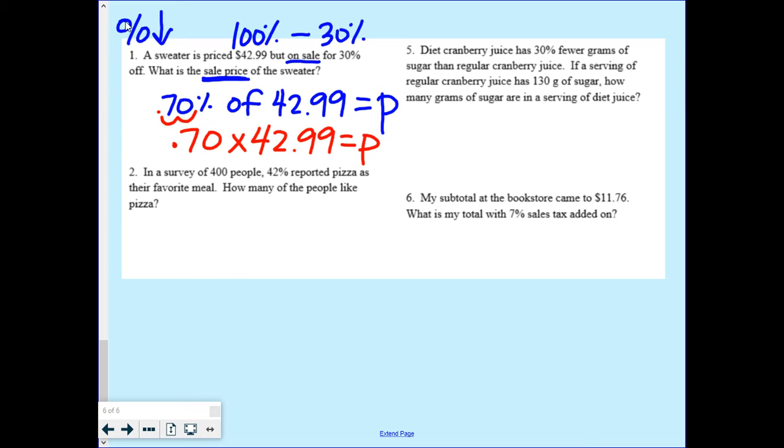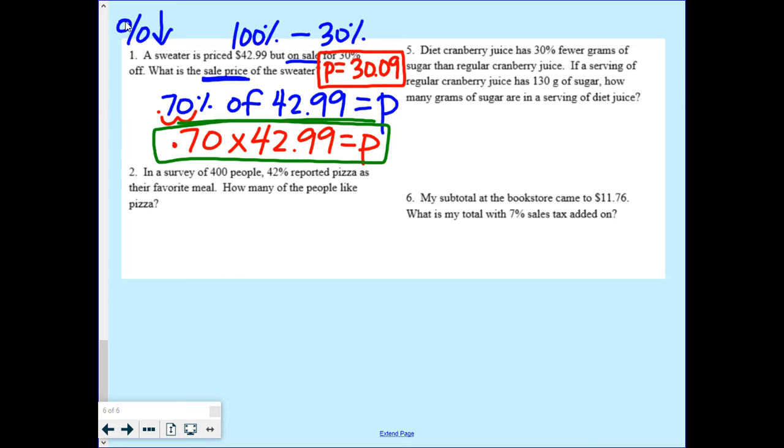I'm running out of a little bit of room, so I'll write it here, but the price is $30.09. That's the sale price altogether. So this would be the percent equation. This is what I expect to see on your work along with the answer.